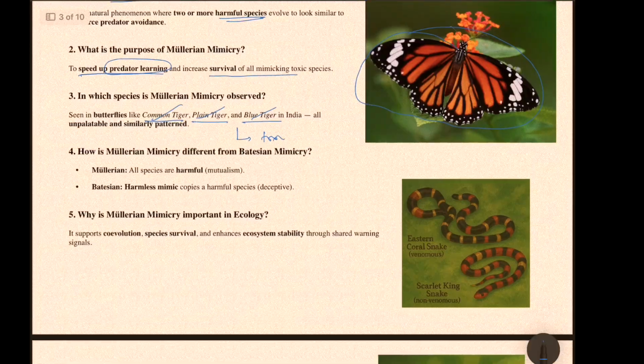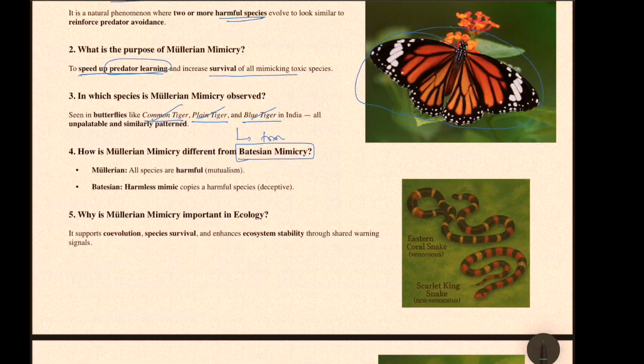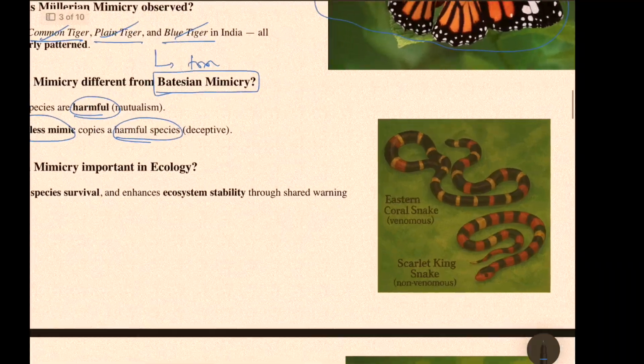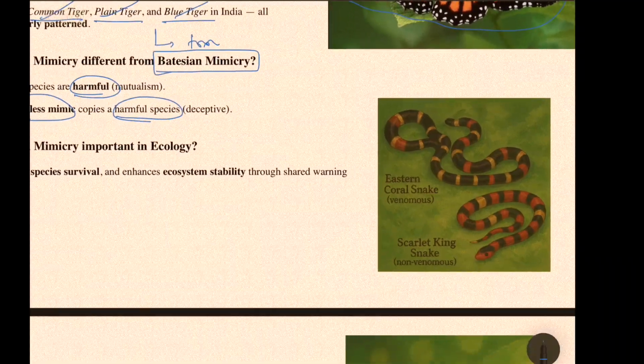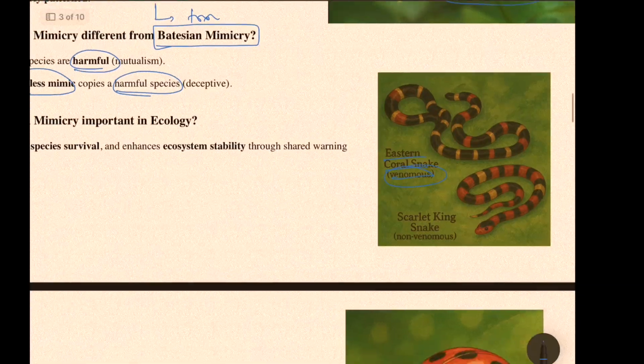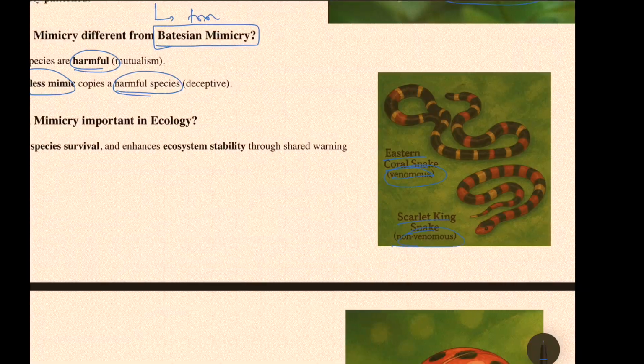And we have one more term called Batesian mimicry. How is it different from Müllerian mimicry? In Müllerian mimicry, all the species are harmful, whereas in Batesian mimicry, there is one harmless mimic which copies a harmful species. For example, here we have an eastern coral snake, which is poisonous or has venom, and we also have this scarlet king snake, which is non-venomous.